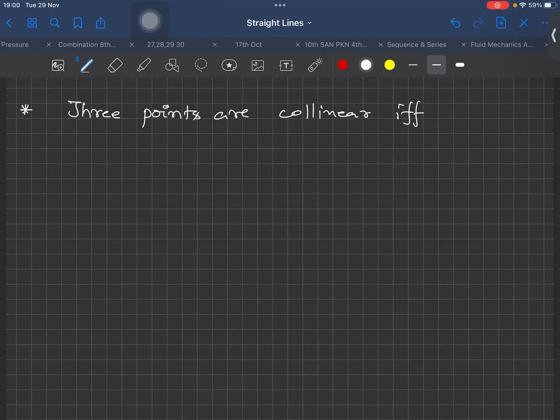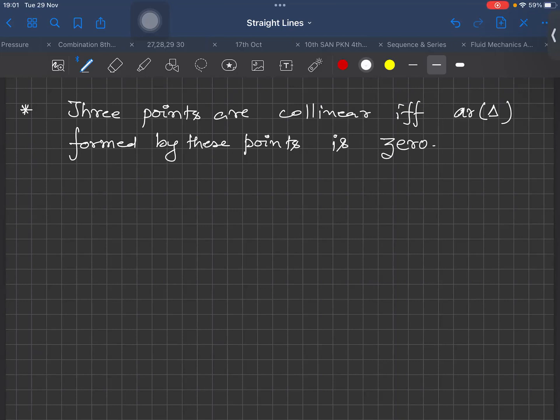If and only if area of triangle formed by these points is what? 0. That means the determinant of these 3 points you will find is 0.